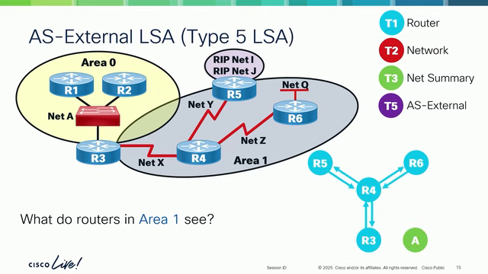Of course, there would be information about a network in a different area, in this case, network A. But there would also be those 2 redistributed networks, I and J, that come into OSPF and that have been redistributed by R5. So R5 would be pointing to them. And this is how area 1 would look.